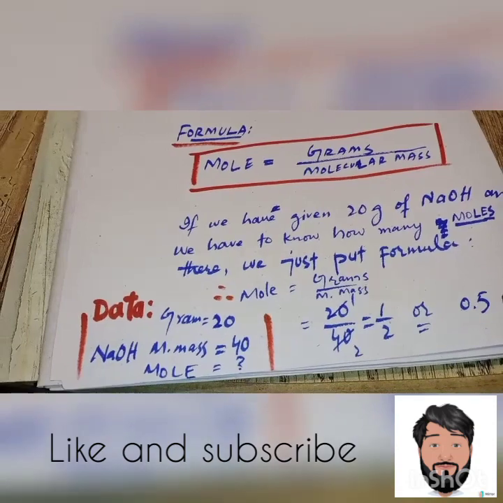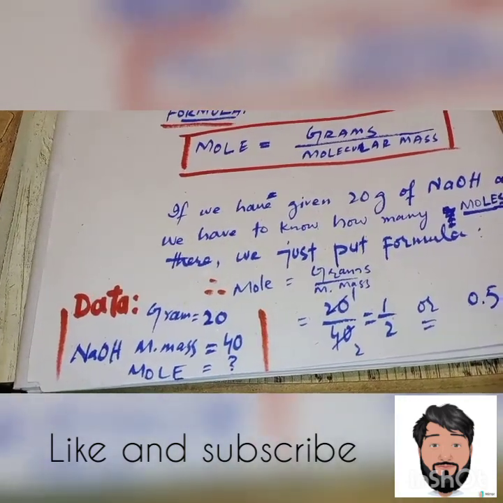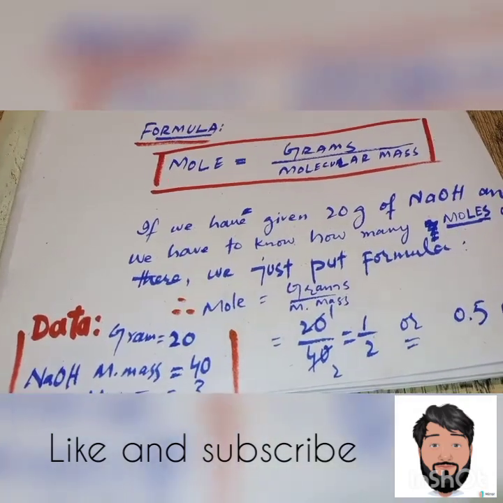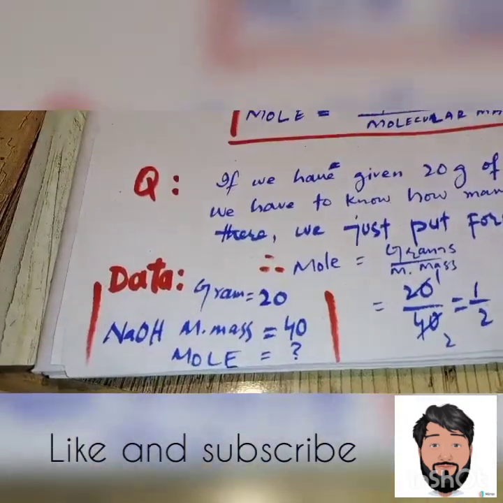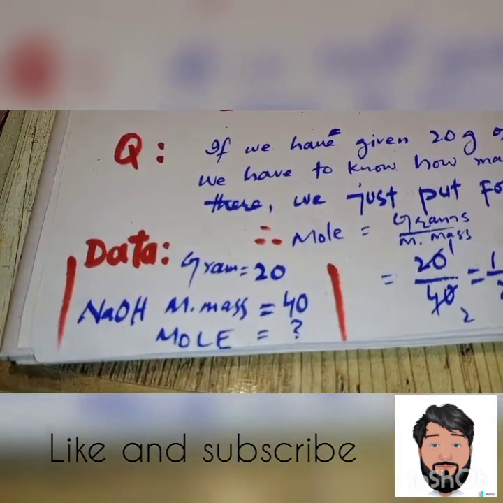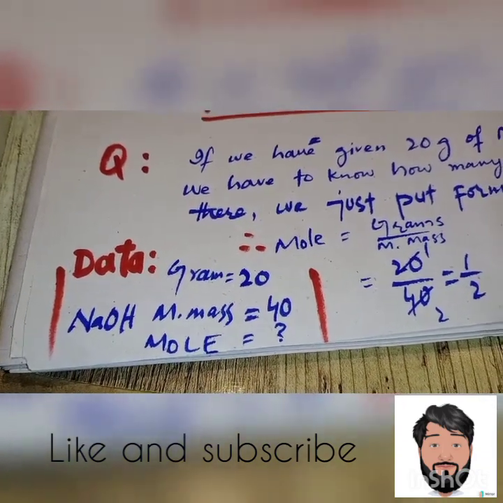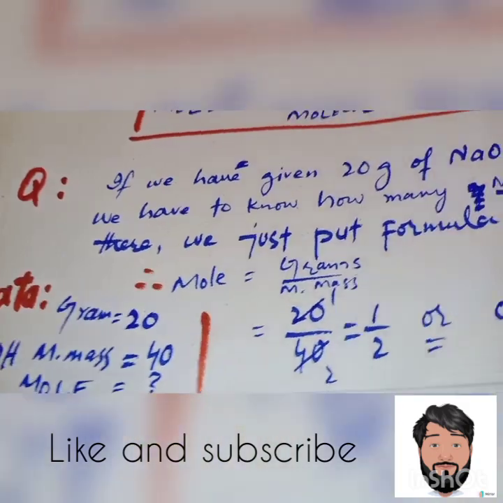So we take the data given in the question, 20 grams, and the molecular mass of sodium hydroxide, which is 40. We have to find the moles. How many moles are there?